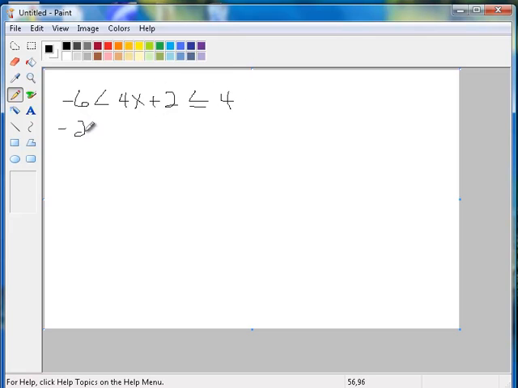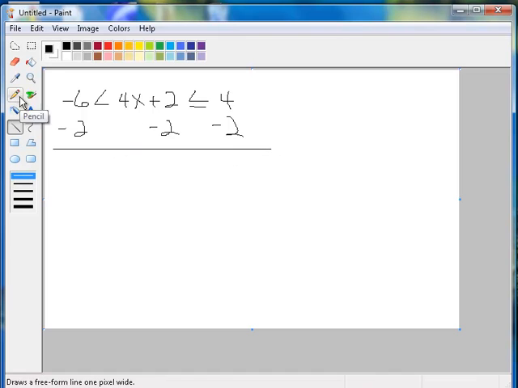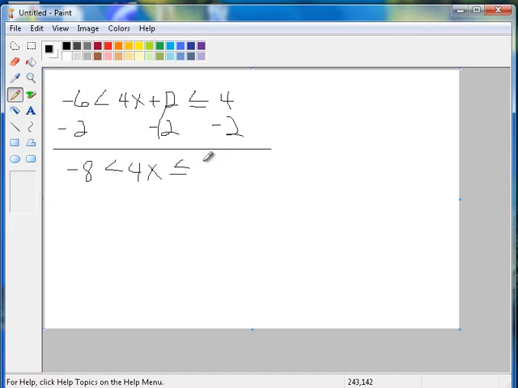So I subtracted 2 here, subtracted 2 here, and subtracted 2 here. So here I'd have negative 8. Here the 2's cancel. Here I would have 2. Now I'm going to divide by 4, all 3 parts. Here I get negative 2. Here I get x. And here I get less than or equal to 1/2.